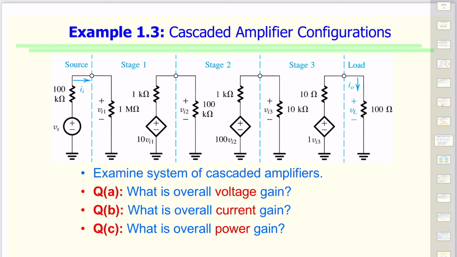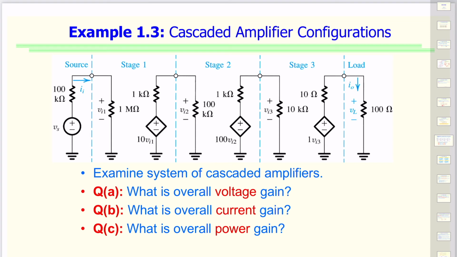We take the solution for each stage, and once we get the voltage gains for all three, we multiply them to get the total gain of the three stages in the cascade.